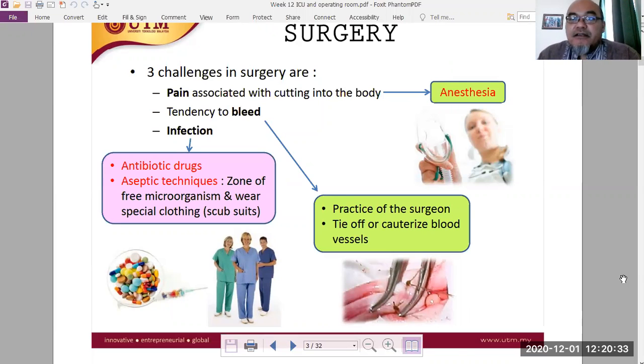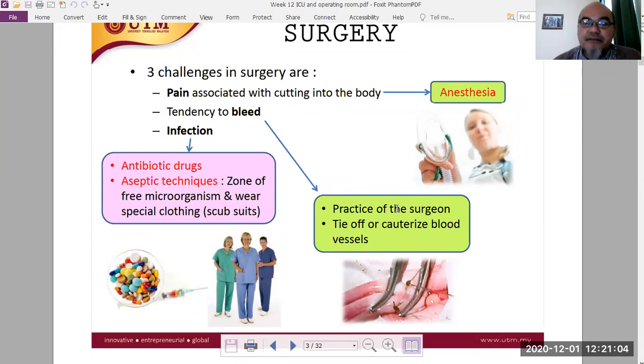When it is still open surgery, like most surgery now, the patient will usually have some pain. So this is the function of anesthesia, the anesthetic department, to inject and give some drugs to suppress that pain feeling. Second, there is a tendency to bleed, especially with open surgery.